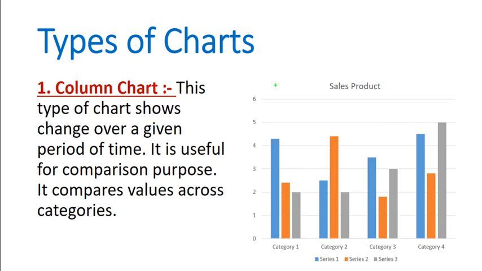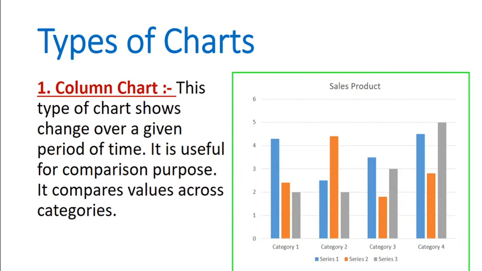This is the column chart. This is one example I've given here, an example of column chart. Here the first one, what we can see here, the sales product. This is the chart title that we have learned in the components.